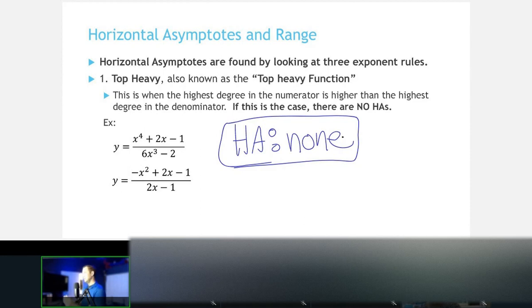Again, if your function is top heavy, there is no HA. So this is the scenario when we don't have any horizontal asymptotes. But by the look of it, you can see that we will have up to 3 VAs. In this one, we're going to have just 1 VA. But we're just talking about HAs right now. All right, top heavy, HAs none. So you might want to write that down. Top heavy, no HAs. Put that in your notes.